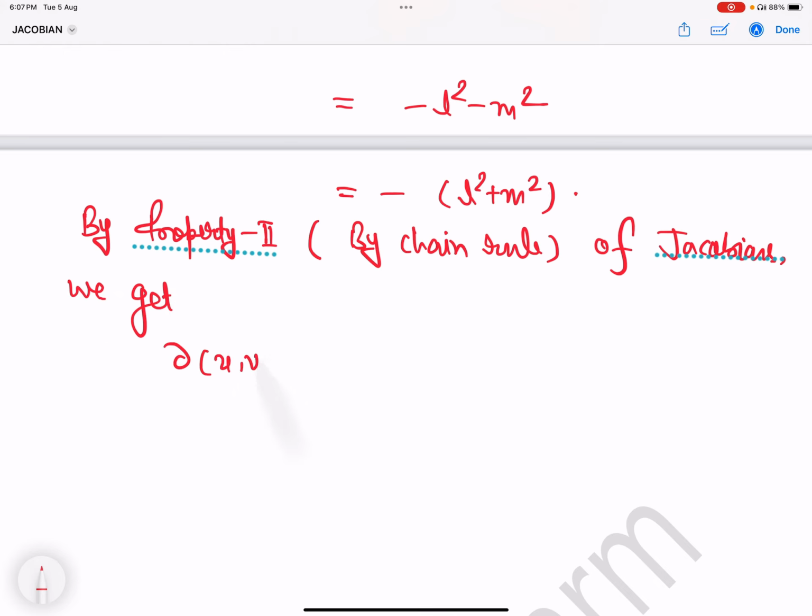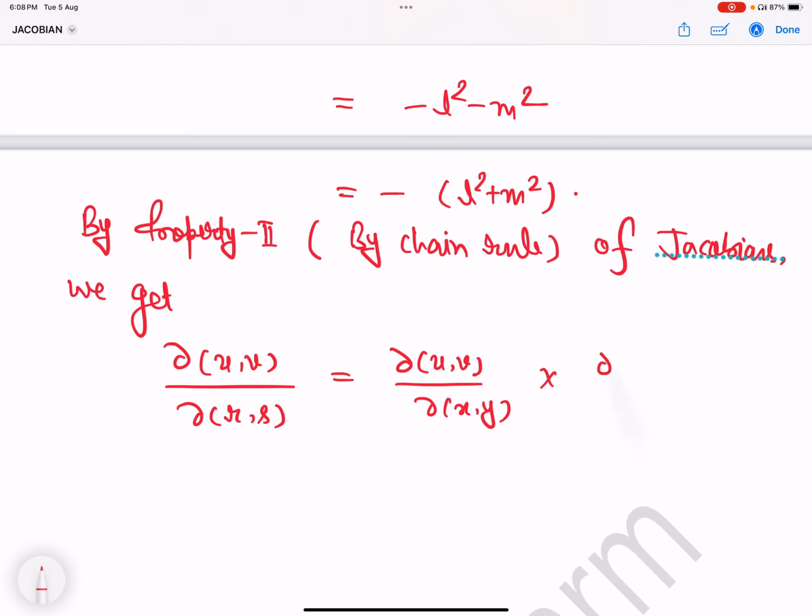The Jacobian of u, v with respect to r and s is the Jacobian of u, v with respect to x, y into the Jacobian of x, y with respect to r and s.